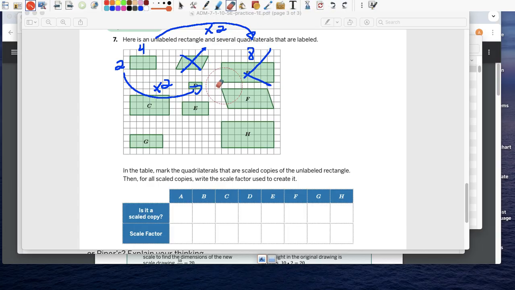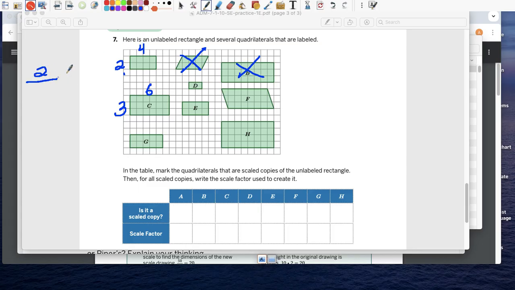copy. Okay, so if you have a scale copy, you have to use the same scale factor and keep the same shape. So this one, also C. Well, 1, 2, 3, that's a 3. This is 1, 2, 3, 4, 5, 6. Well, let's write this as a proportion.